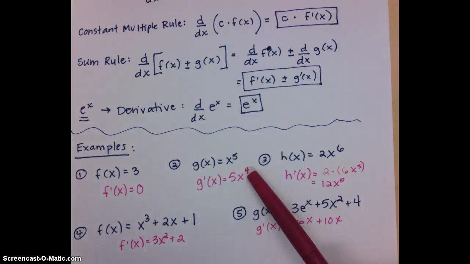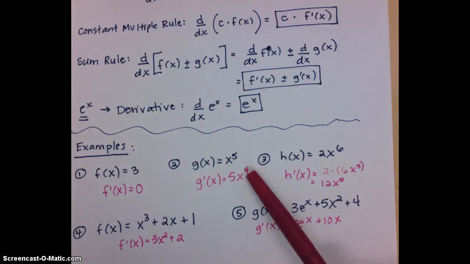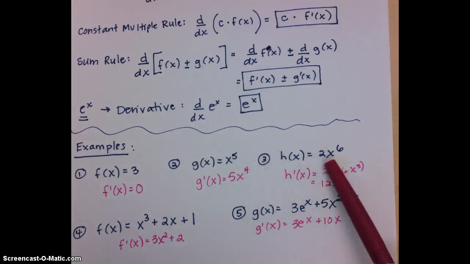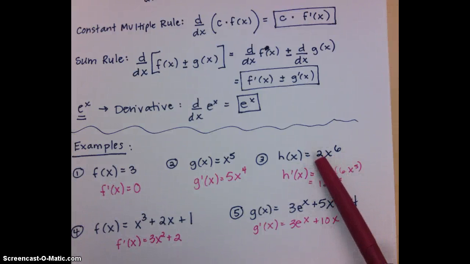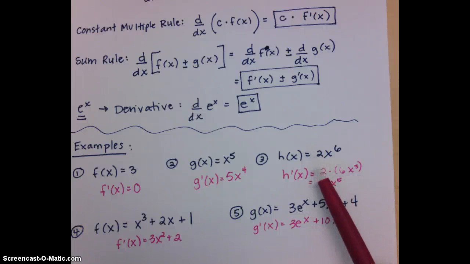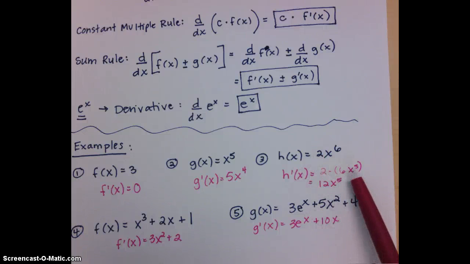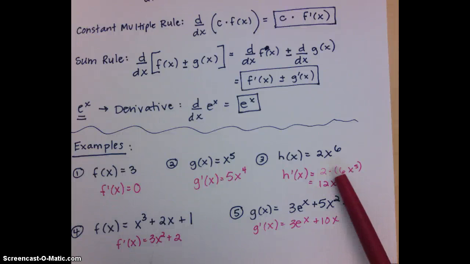So 5x to the 4th is the derivative. In number 3, we had the constant multiple rule and the power rule. So we had this constant multiple of 2. I set it aside for a moment, and then I used the power rule to find the derivative of x to the 6th. And then I just multiplied the 2 times the 6 to simplify and make it 12x to the 5th.